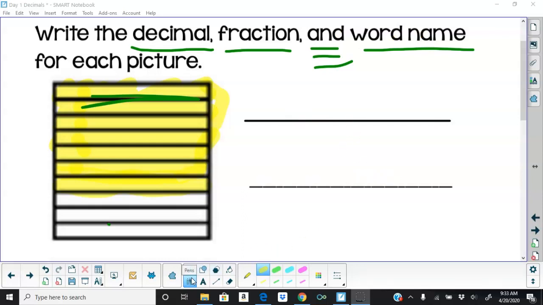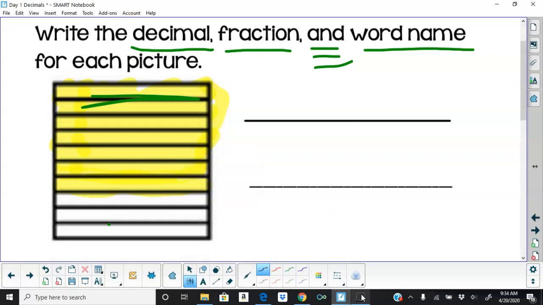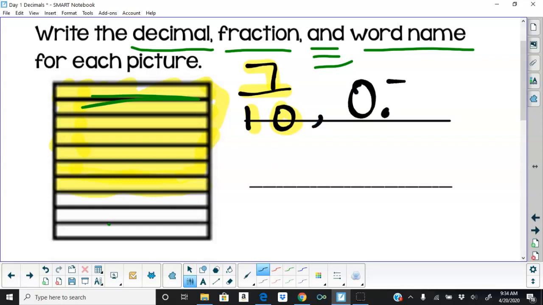All right, so first thing I'm going to do is the fraction. 1, 2, 3, 4, 5, 6, 7 tenths. Well, I didn't mean to do that. 7 tenths. Now as a decimal, 0.7. Now how do I say that? 7 tenths.